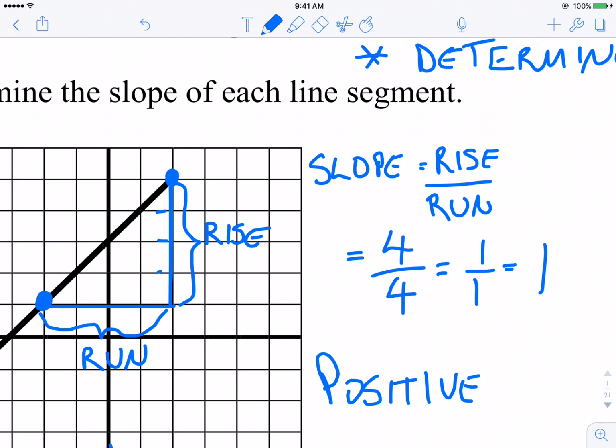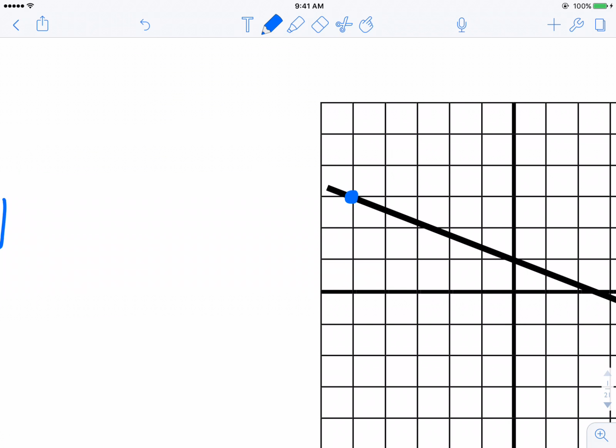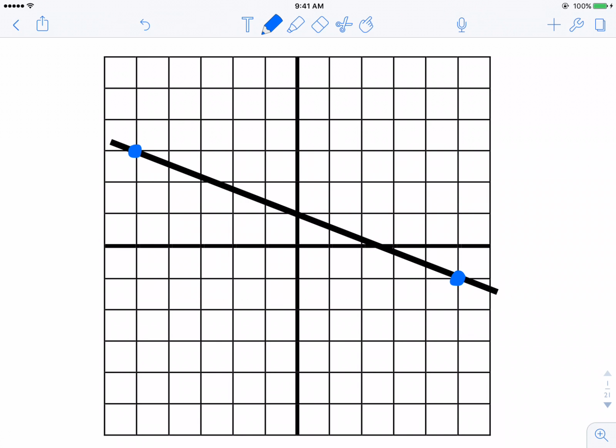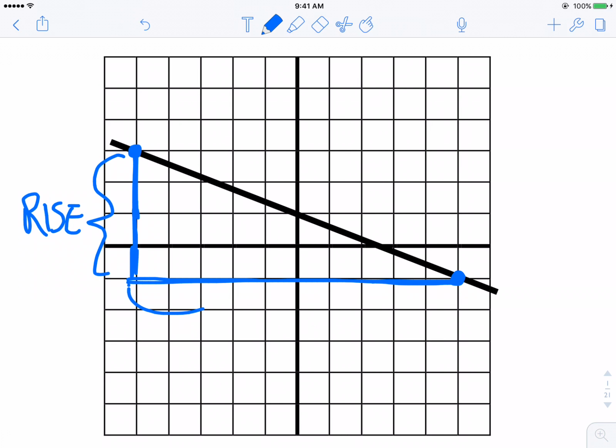If I look at my second graph over here, again choosing 2 good points on my line, I will just quickly sketch in my rise and my run. So here is my rise, here is my run.